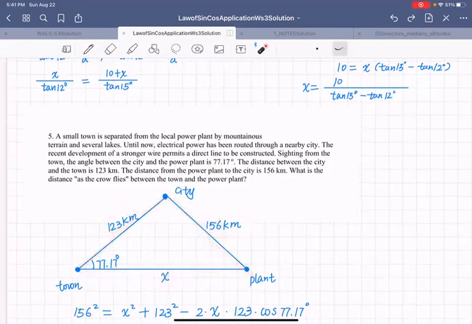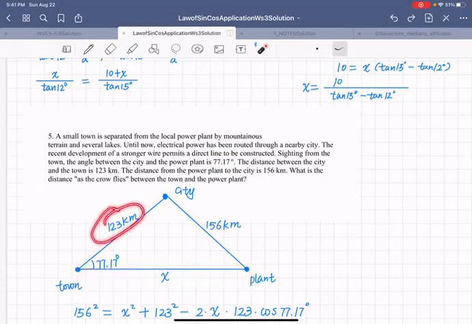Okay. So my drawing exactly follows the words, okay? We know this distance is 123 kilometers. This is the angle. And here is 156. So look at this question. They are asking for the distance between the town and the plant, which is this piece.